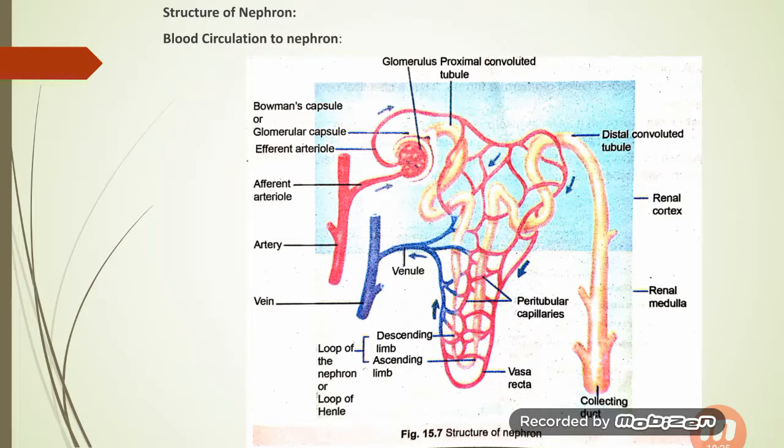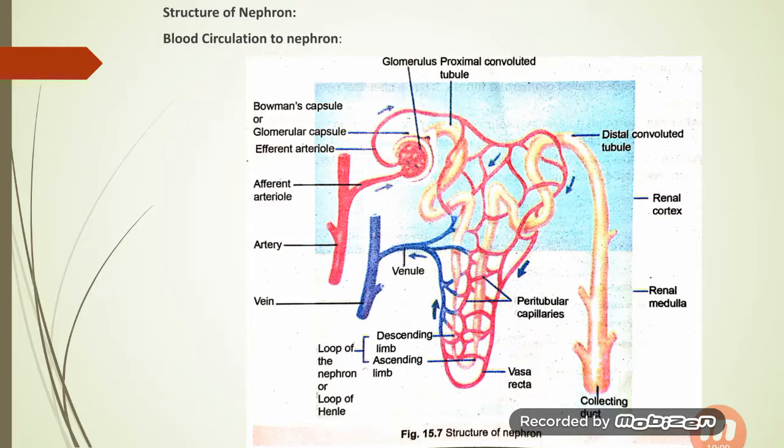Now moving forward, the tubules which extend out from the glomerular capsule are the proximal convoluted tubule and distal convoluted tubule. Proximal one is the tubule that leads away from the Bowman's capsule and becomes highly coiled. This coiled portion of the tubule is called the proximal convoluted tubule.